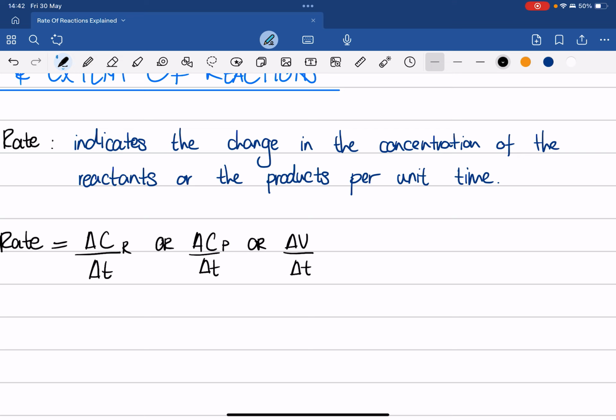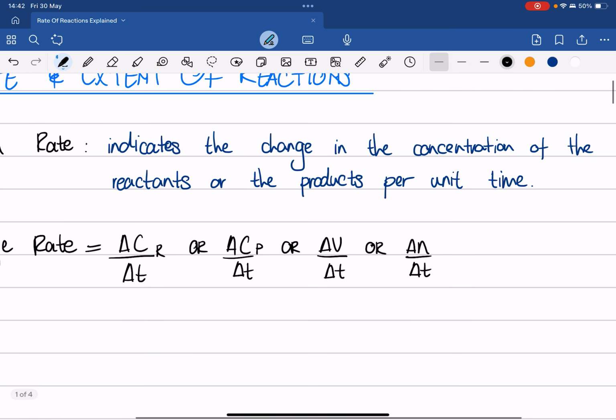You can also use the change in the number of moles. Again, remember, this applies to reactants or the products, right? So it really depends what information you're given in your graph or in the question, and you use that to figure out what the rate is.